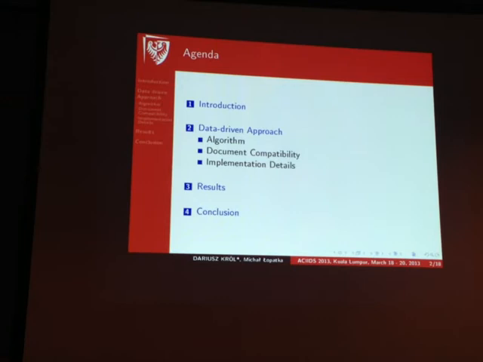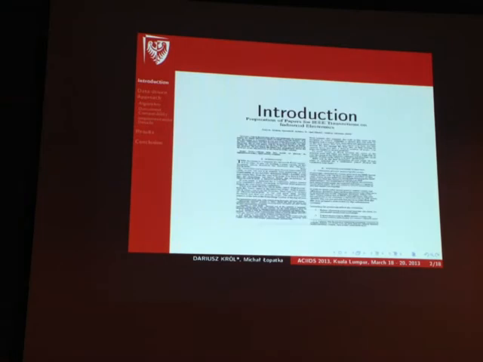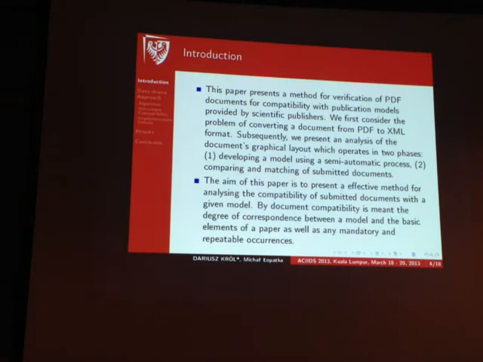I could show you why this happened. This is the style of IEEE, exactly. So we have to prepare a paper like this, and this is the main goal of this presentation: to present a method for verification of PDF documents, because PDF is the format that we send to the publisher.